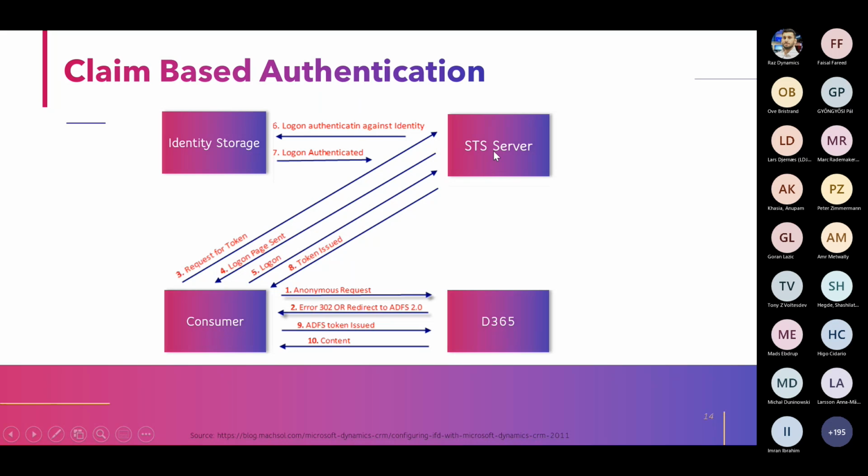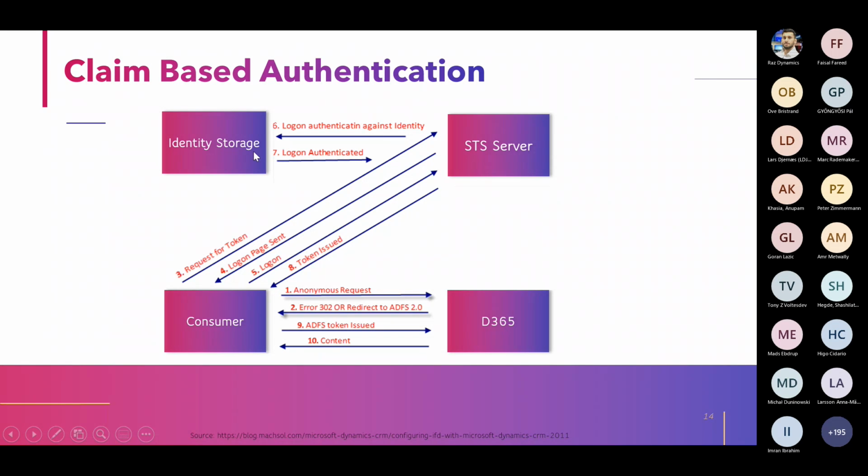STS is nothing but a server which provides token services. So it provides the token to the user. For that, the STS server redirects the request to the identity storage, where the identity information of the user or the consumer is stored. So once the consumer sends the request to the STS server, it sends the request back to the identity storage.